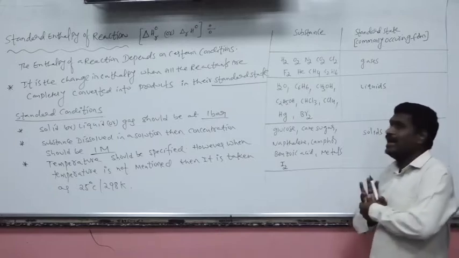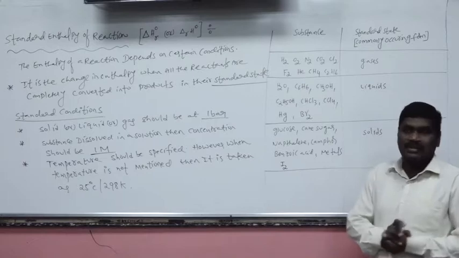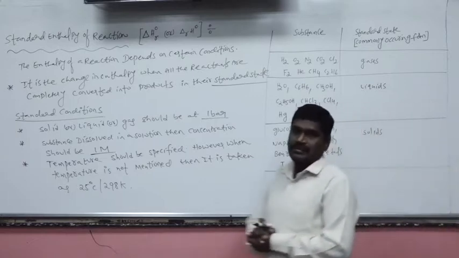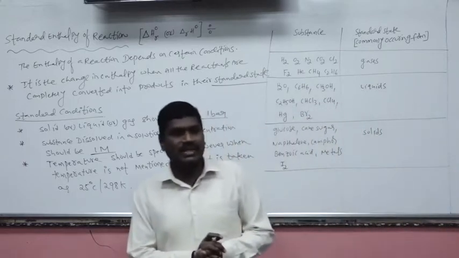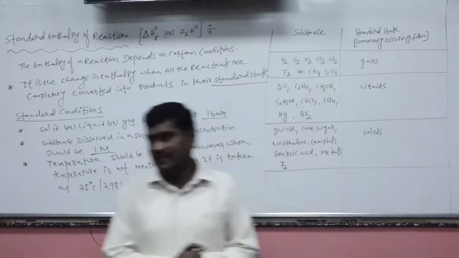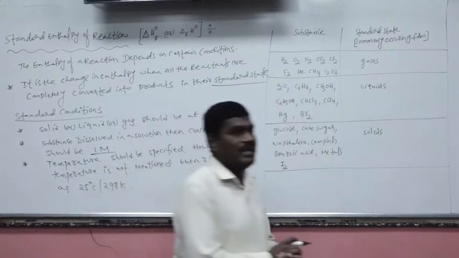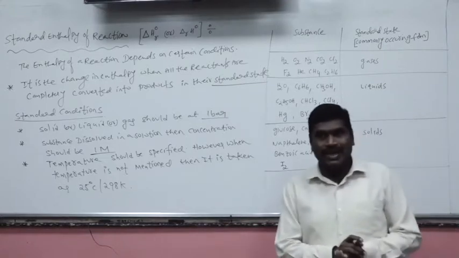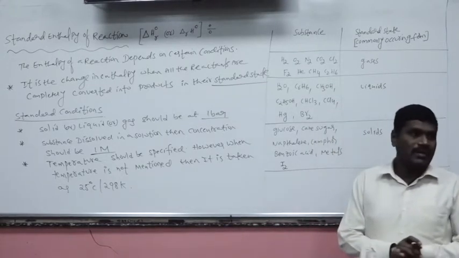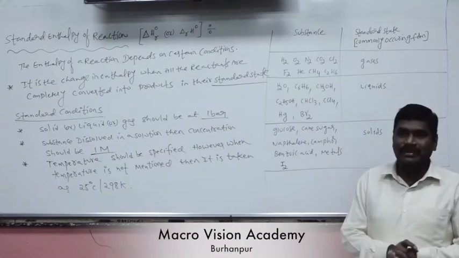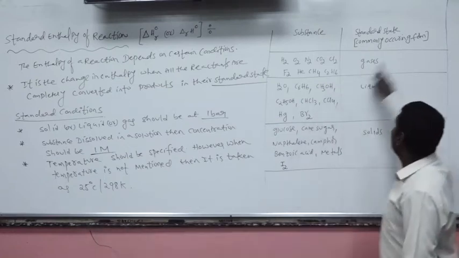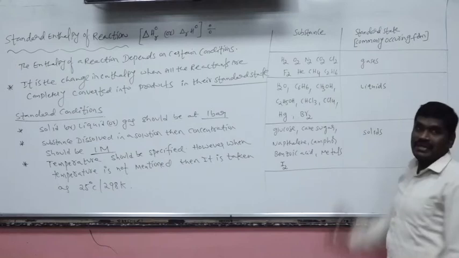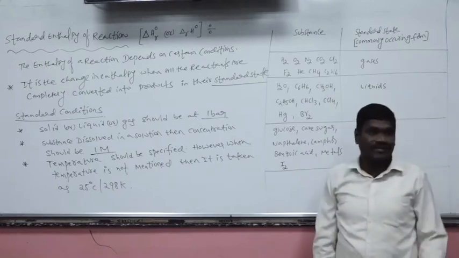Now come to allotropic forms. Suppose carbon exists in different forms, crystalline forms as well as amorphous form. In crystalline form, there are two important forms, diamond and graphite. Out of diamond and graphite of carbon, the most commonly occurring form, that is the standard state, is graphite.